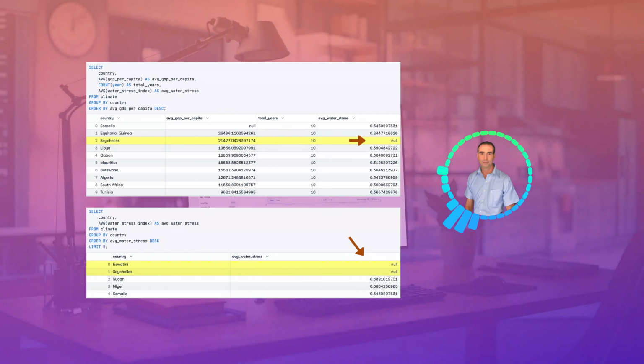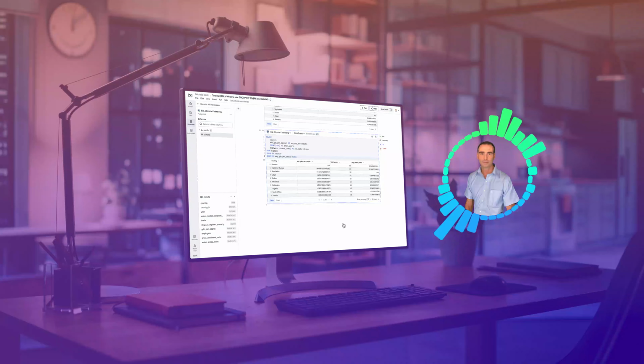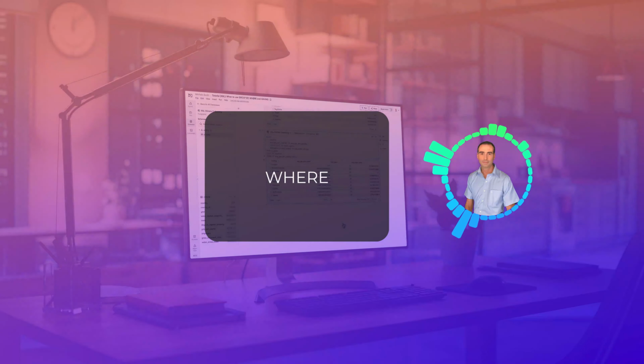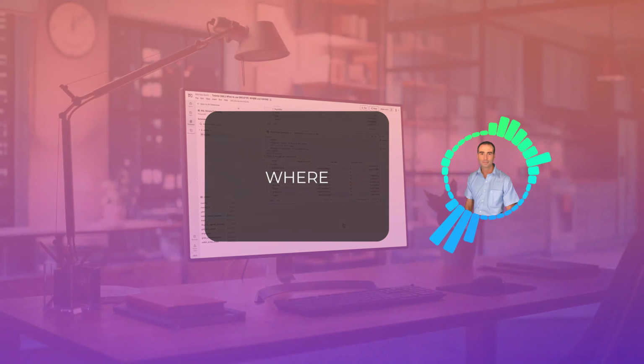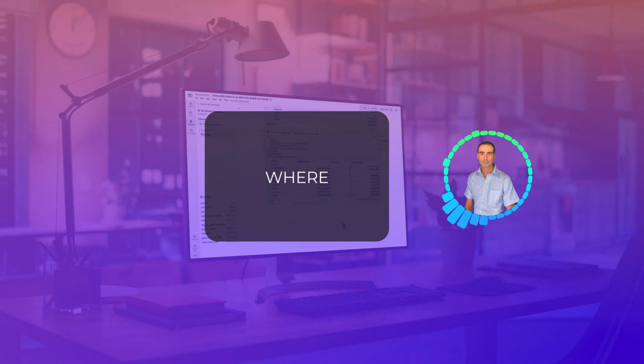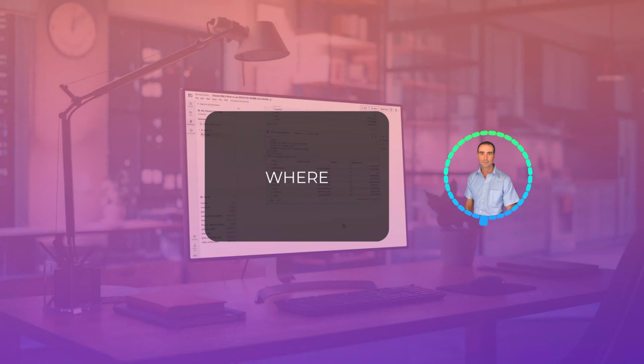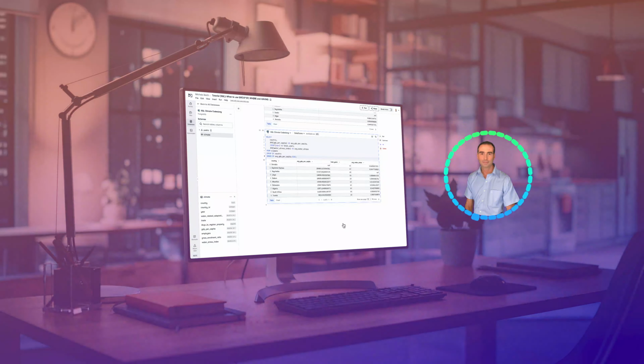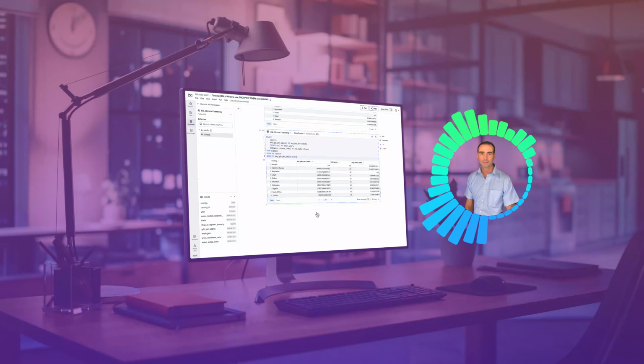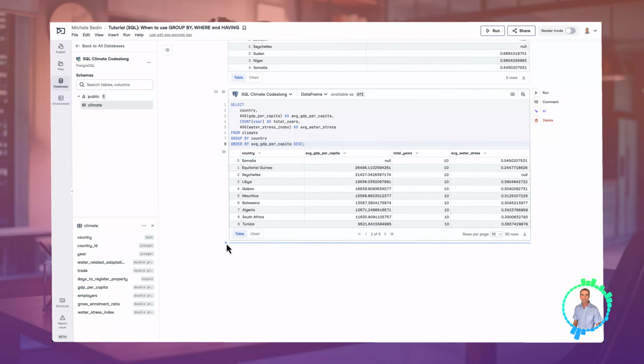However, although group by is mighty, it has limitations, especially when dealing with aggregate functions. This is where the where clause comes in, and it is undoubtedly the most commonly used when filtering data in SQL. In turn, however, where also has limitations regarding aggregation. Let's look at an example to understand better what these limitations are.